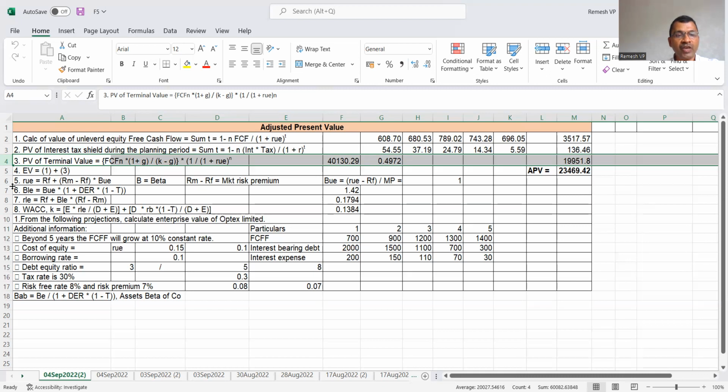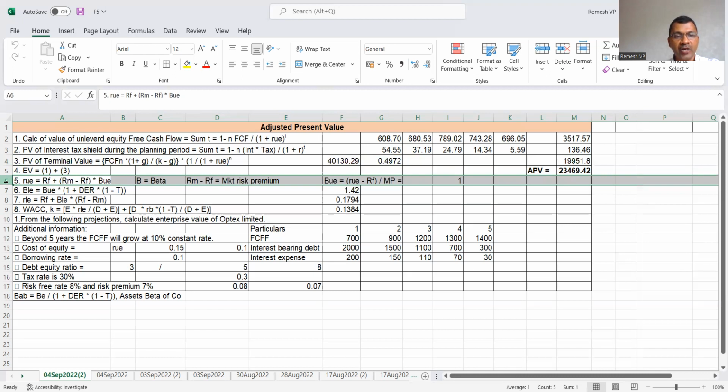That cost to the firm, we have been given equity return, isn't it? RUE we have, risk-free rate we have been told is 8%, market risk premium, that is RM minus RF, is told as 7%. And beta, market beta, we don't know.